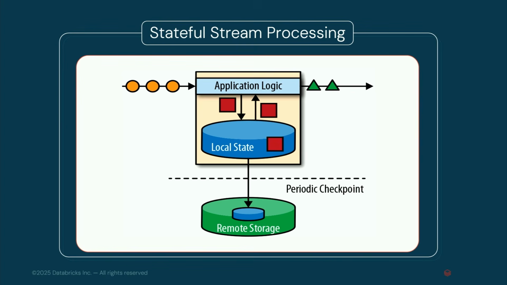However, if there's something wrong with your streaming state, like some corruption or some bugs in Spark, it's very hard to debug, and it will also stop your application from restarting from some checkpoint. So in 4.0, we provided two data sources to allow you to look into this streaming state and debug your application.